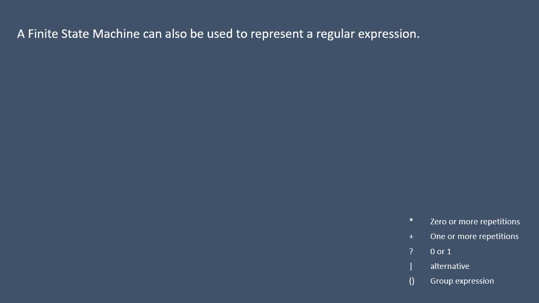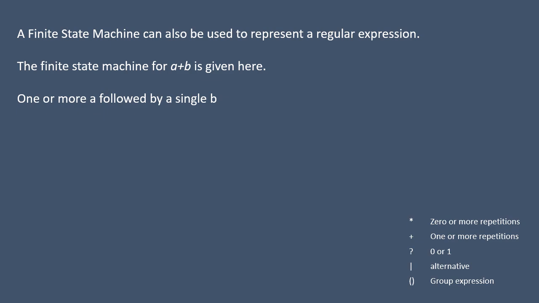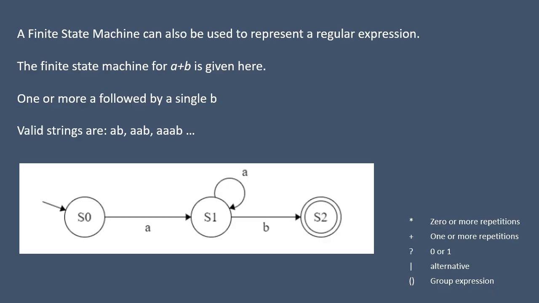A finite state machine can also be used to represent a regular expression. The finite state machine for this expression here, which means that we have one or more A followed by a single B, is given here. So this is our finite state machine for that.